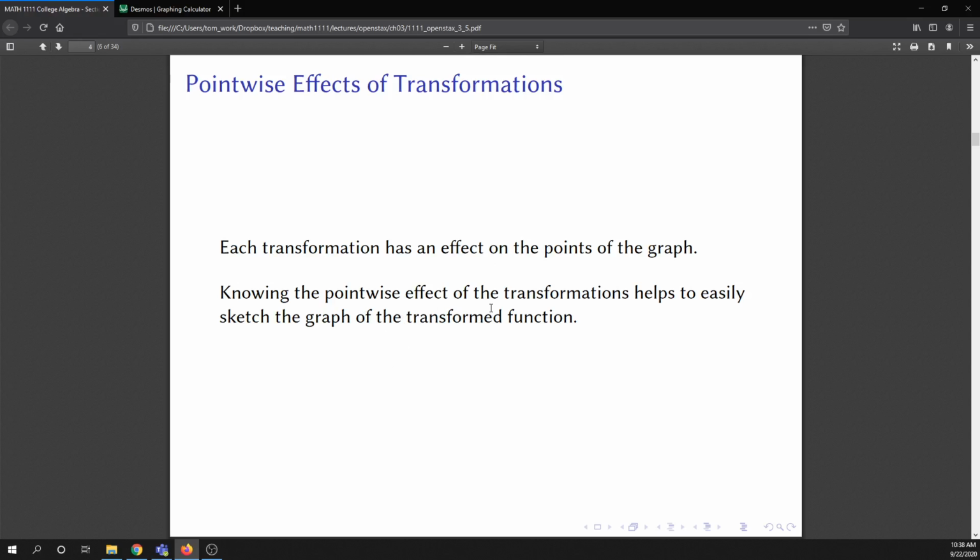And if you know the pointwise effects, then that will help you to sketch the graph of the transformed function. Now, we're not actually going to be sketching graphs by hand, but on the Newton problems that we will be working, they'll give you some points, and then you have to move the points around. Like I said, I think that's the way to focus on these problems and be able to do them correctly.